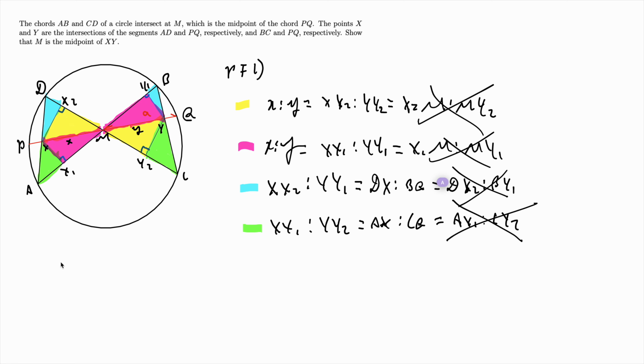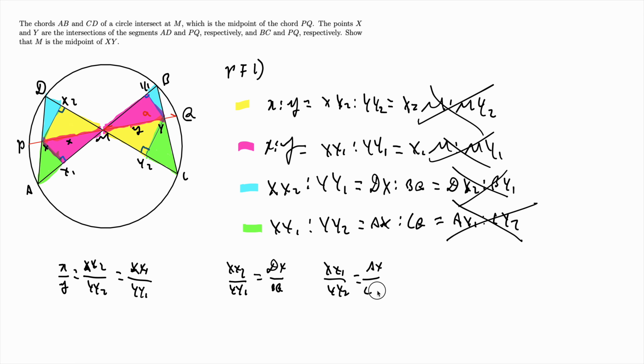Okay, so we know that x over y equals x sub 2 over y sub 2. This equals x sub 1 over y sub 1. And notice that x sub 2 over y sub 1 equals dx over bq, and x sub 1 over y sub 2 equals ax over cq. I just rewrote them.